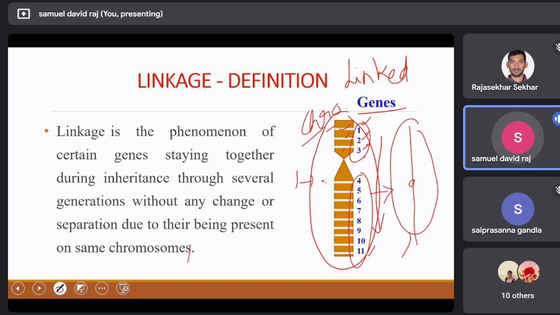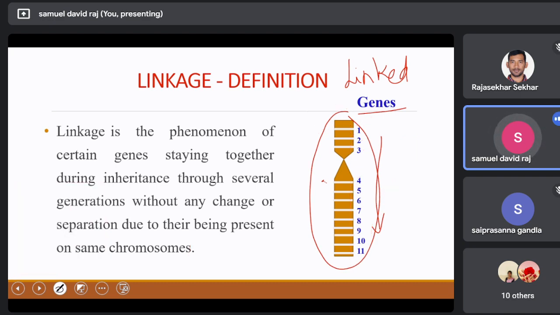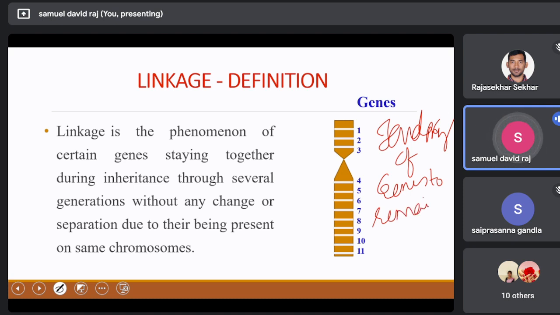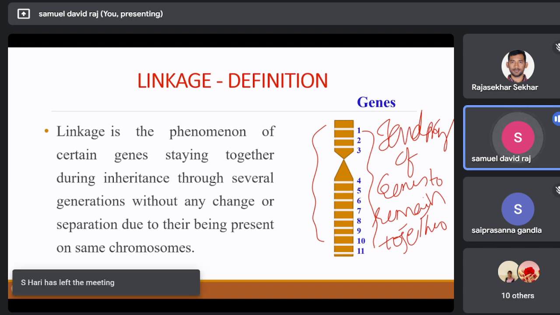Thus we can define it simply as the tendency of genes to remain together, that means they are not separated, remain together in their original combination.